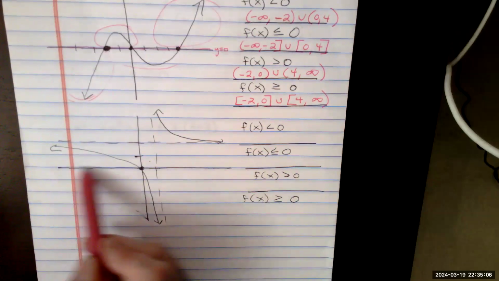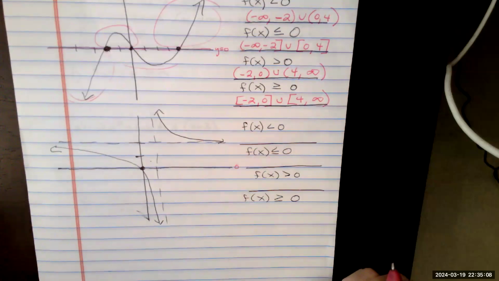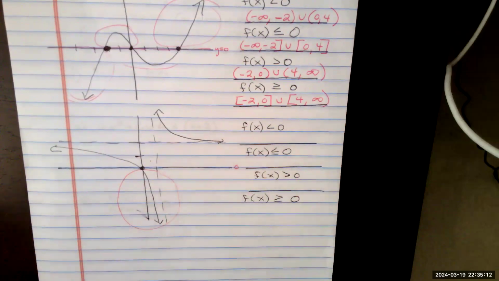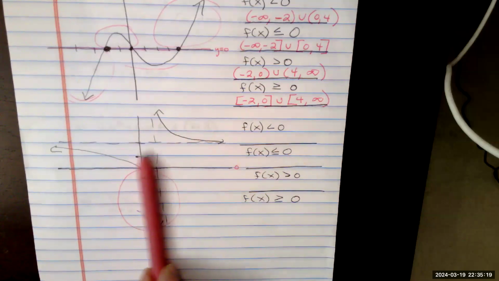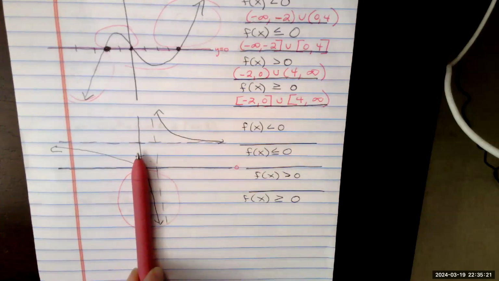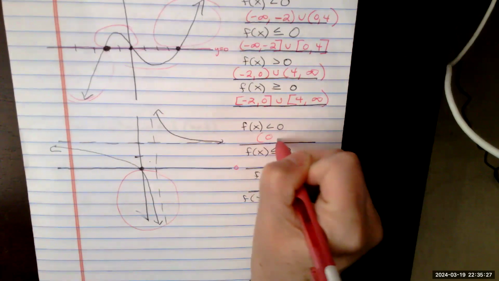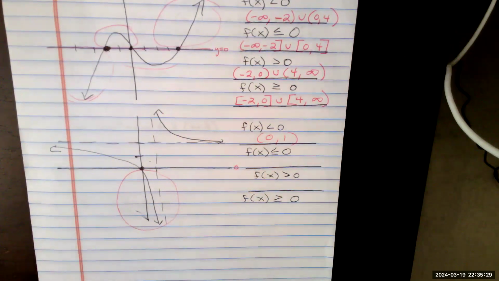I'm again focusing on this line where y equals 0 and trying to see where it would be less than. That's just going between, because I'm just talking about x's, the 0 and this asymptote that looks like it's at 1. That's the only section where the graph is below y equals 0.